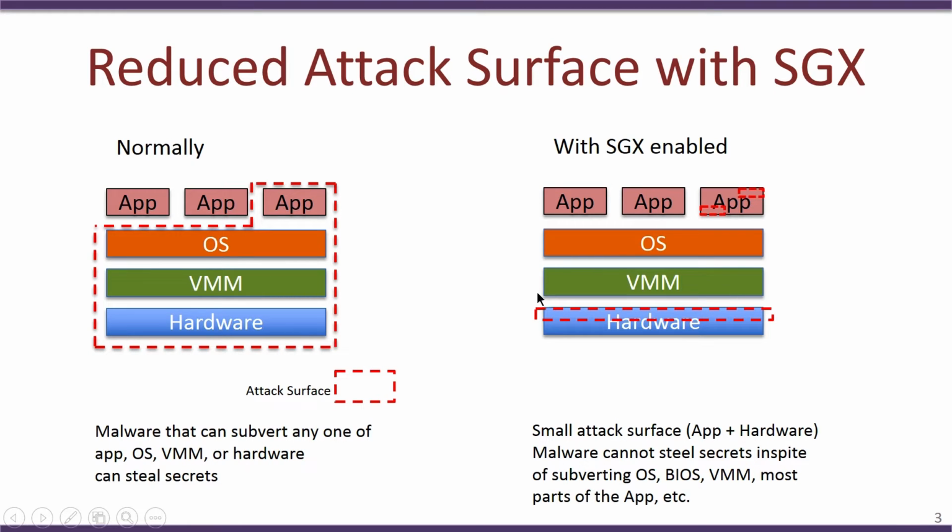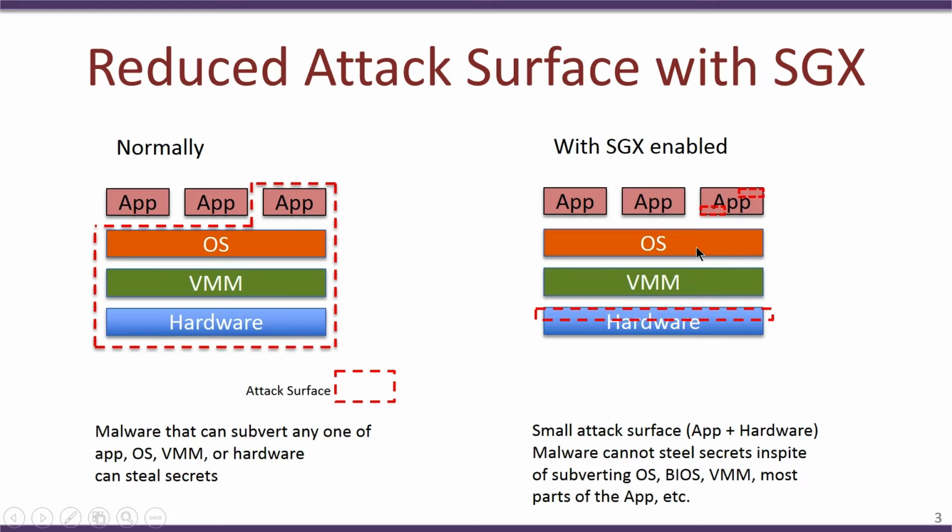This is how an SGX enabled computer system would look, and over here let us say that we still have an application, and this application has a secret key. Now, with SGX, this secret key would only require that the portions in the application boxed in this red dotted line, and portions in the hardware, are trusted.